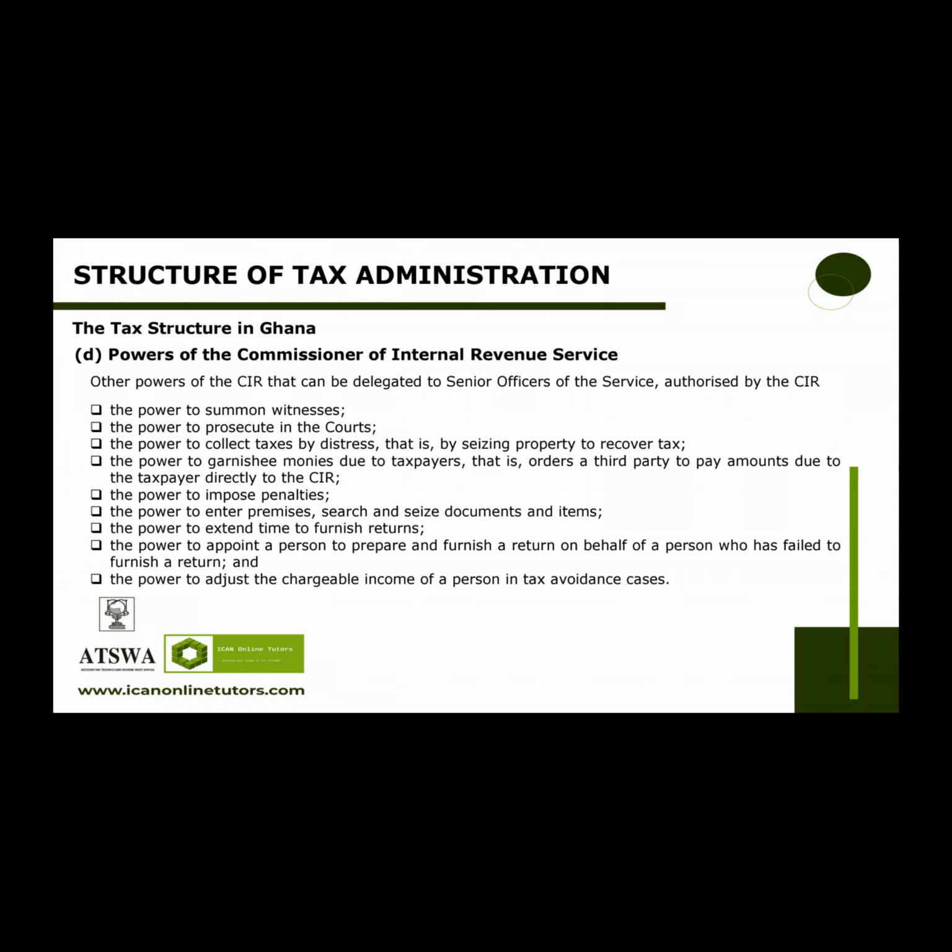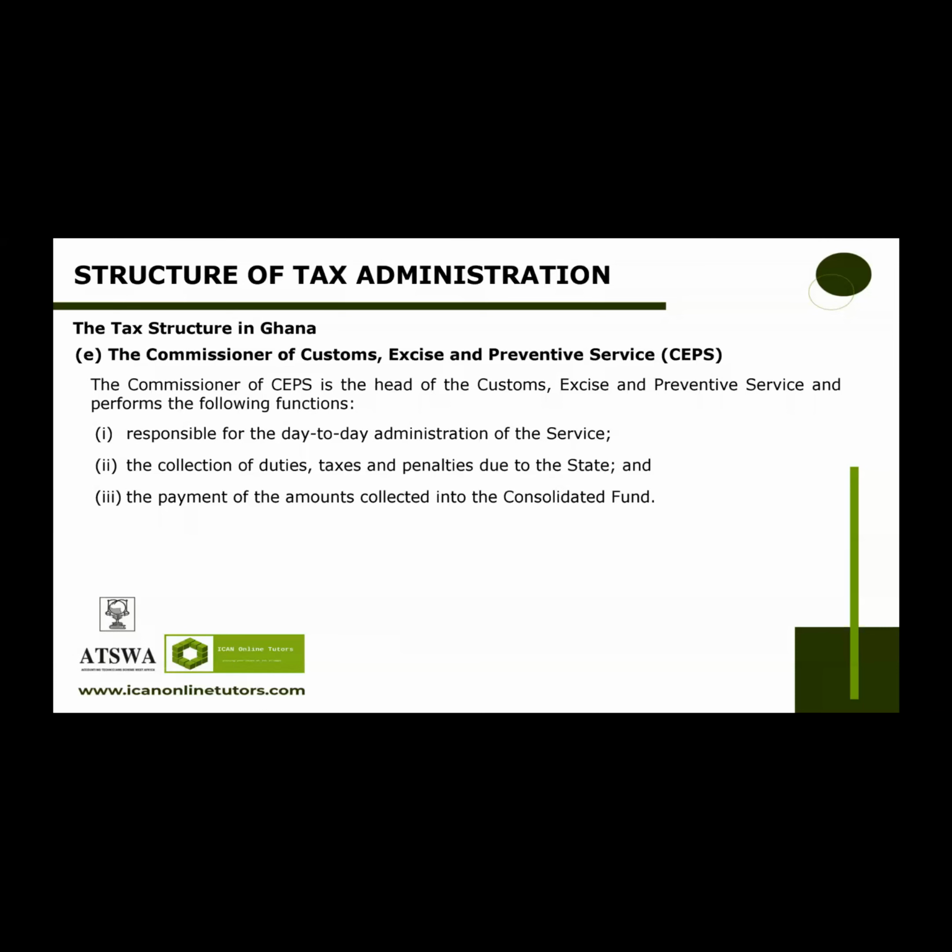And these powers are the power to extend the due date for payment of taxes and varying tax installments, the delegation of powers other than the exclusive powers of the commissioner, and the power to authorize an officer to exercise the audit, search, and seizure, or to demand the production of information. Are we together?